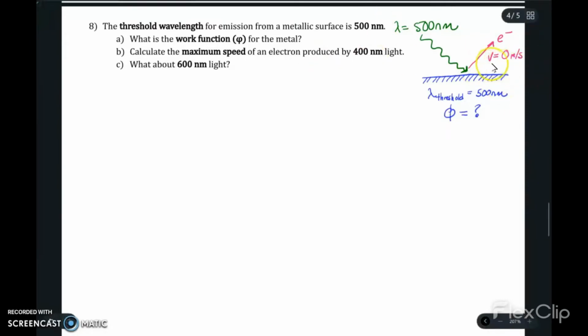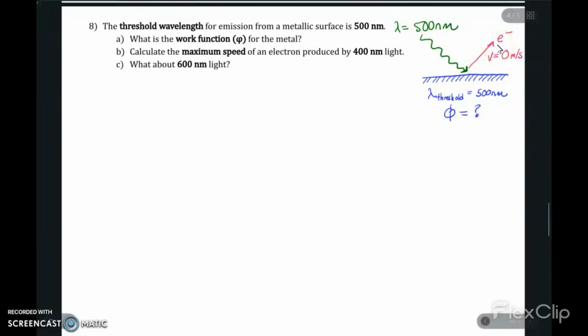Why is that important? Because we do not have any kinetic energy involved in this particular process. All this is telling us is that light of 500 nanometers has the exact amount of energy that we need to get an electron to eject, and no energy is going to be left over.